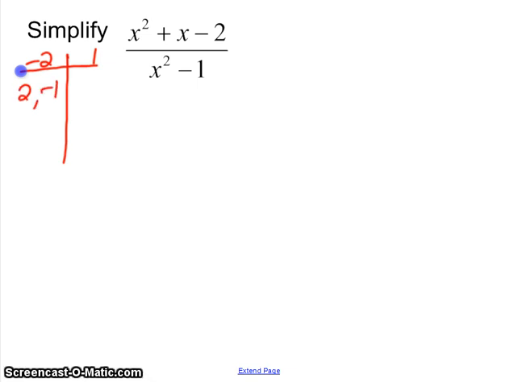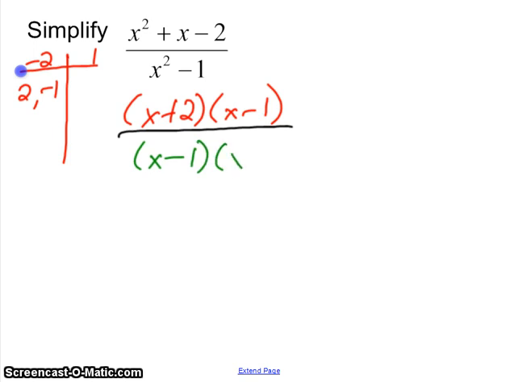My magic numbers are positive 2 and negative 1. The denominator, again, is the difference of two squares. And in this case, x minus 1 is a common factor, so that cancels out. My final answer, x plus 2 over x plus 1.